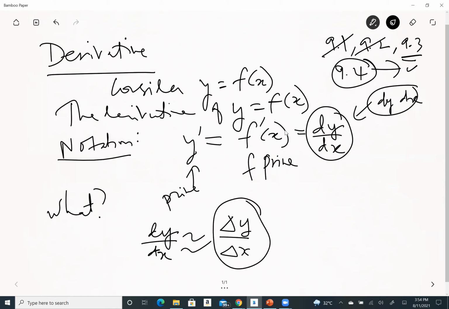Do you remember what measure delta y over delta x gives us? Slope. So delta y over delta x is equal to the slope.